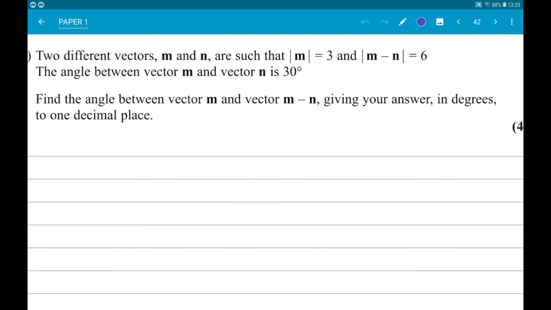And for part 2, two other vectors m and n are such that the length of m is 3, the length of m minus n is 6. The angle between m and n is 30 degrees. Our job is to find the angle between m and m minus n, giving our answer to 1 decimal place.